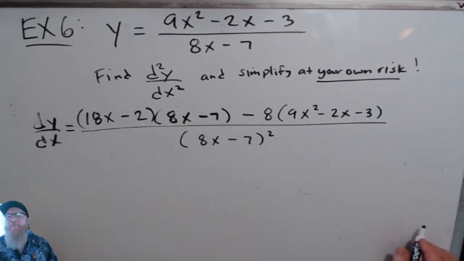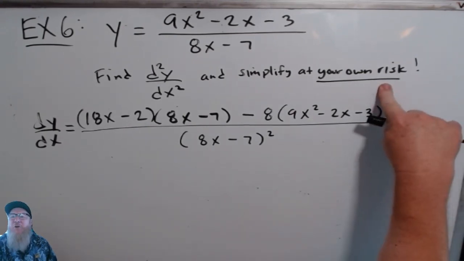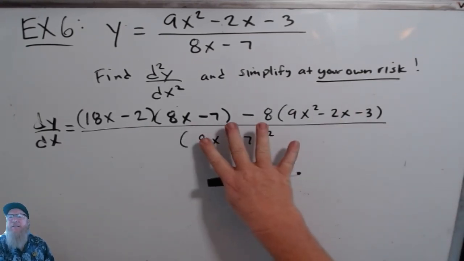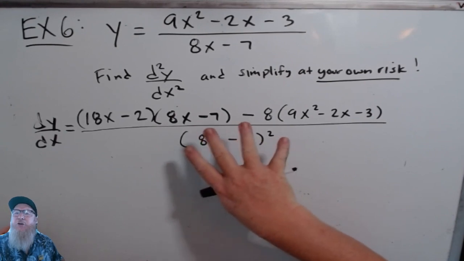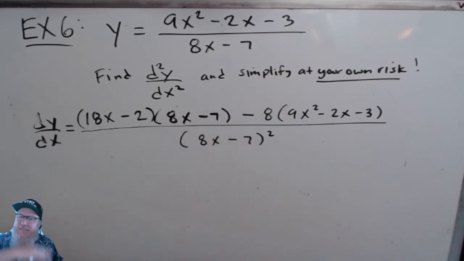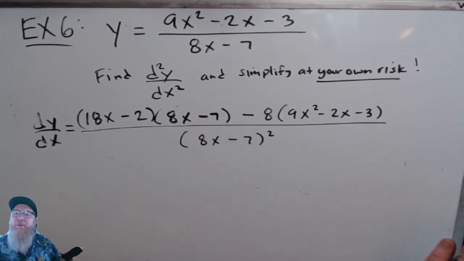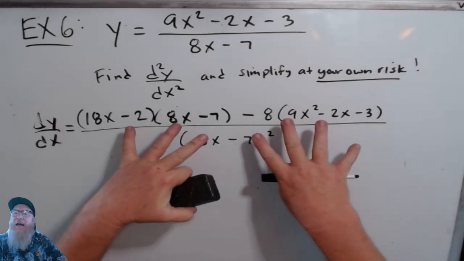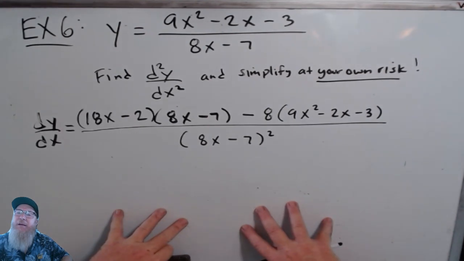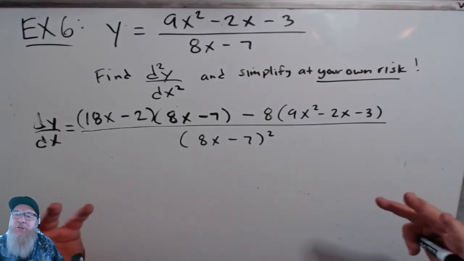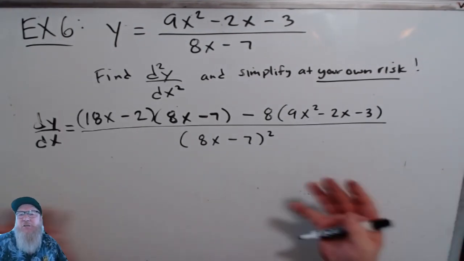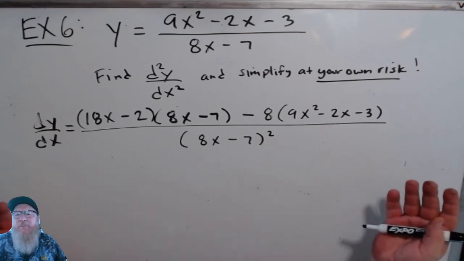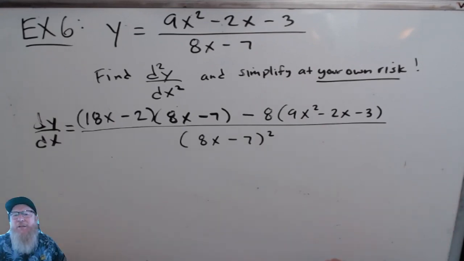All right. So now here, if you choose to simplify this, which I'm going to, and you get it wrong, then your next step is just a huge waste of time. If you want to just leave it this way because you know it's right, then you can go to the next step. But both of those options have risks. One of them is you could screw up and do it wrong, and then you waste your time.